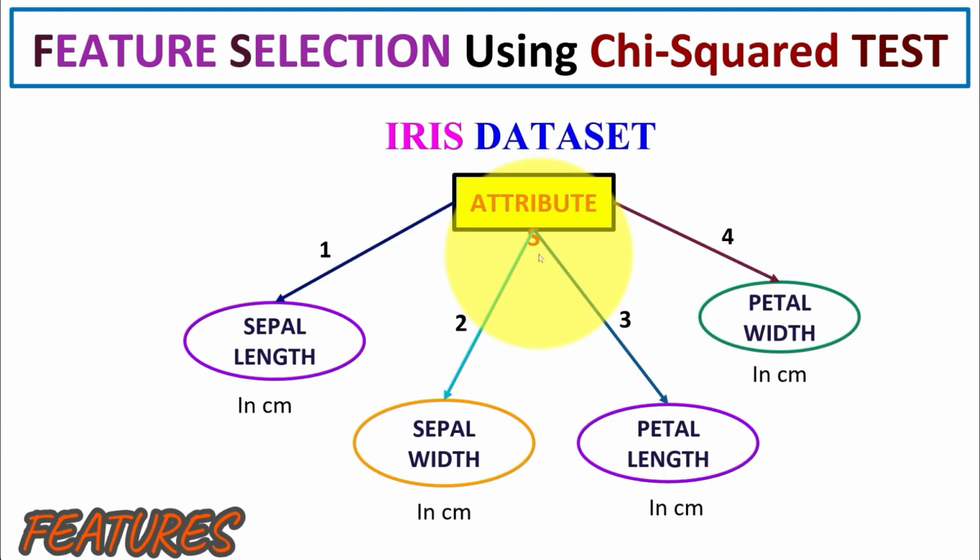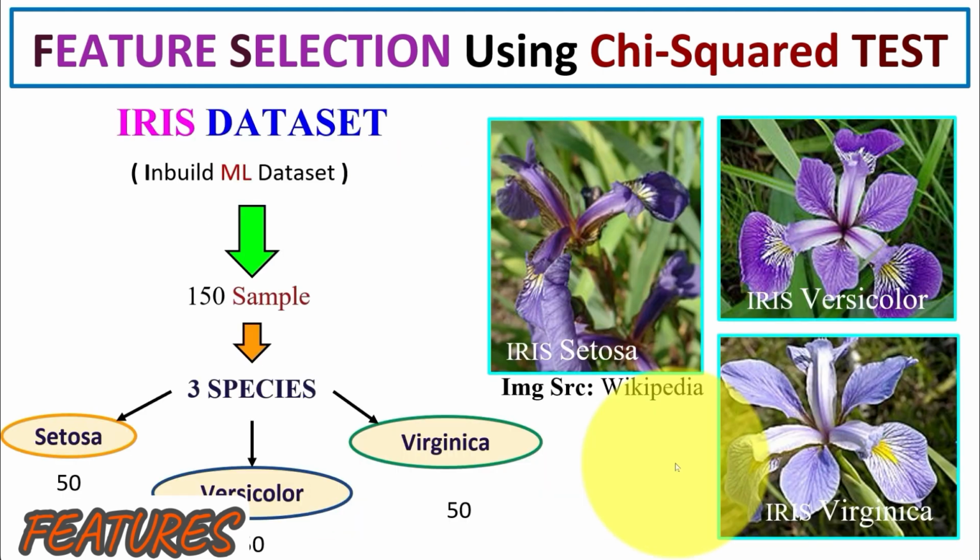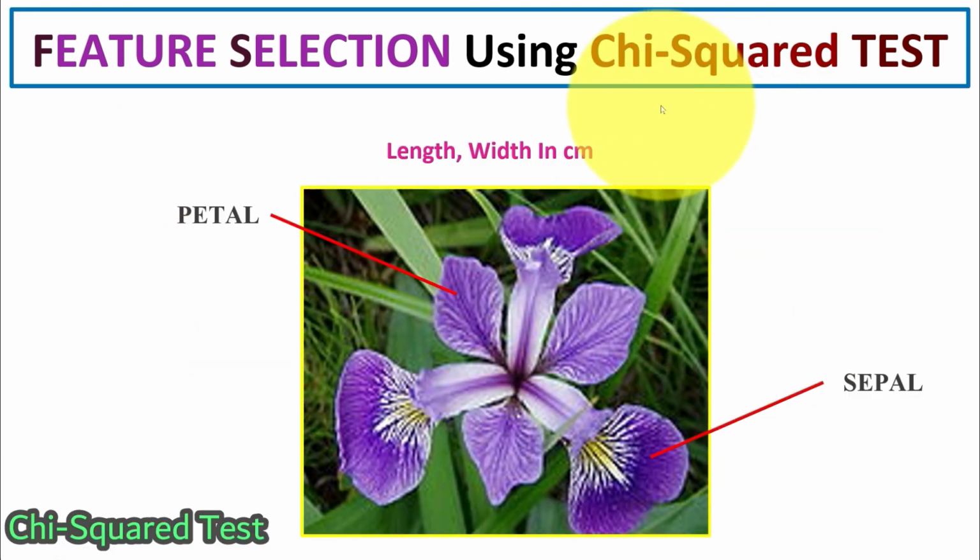So we have features, that is sepal length, sepal width, petal length, and petal width. For each species we have these features, or you can say attributes. We will select the features using the chi-square test method. So we are using the chi-square test to select the features from the dataset.